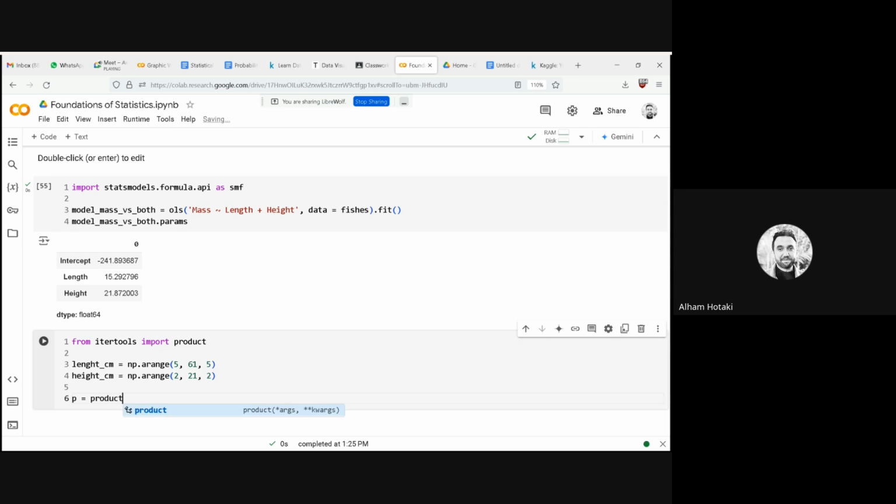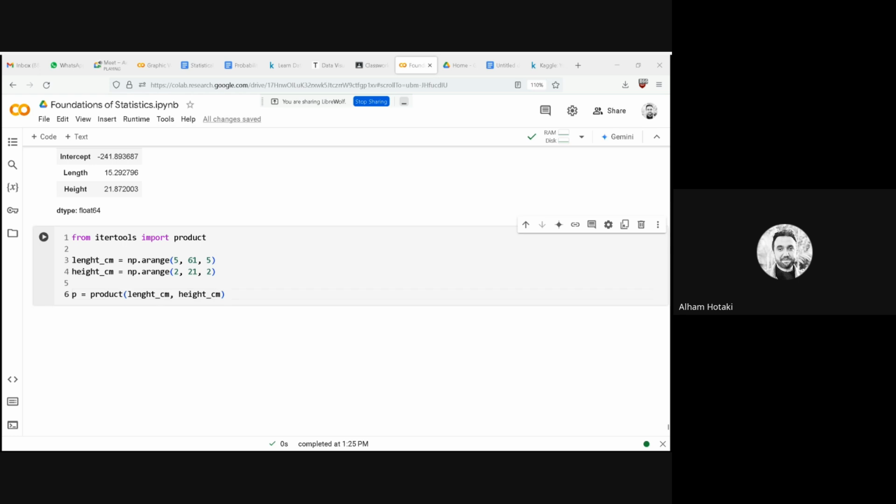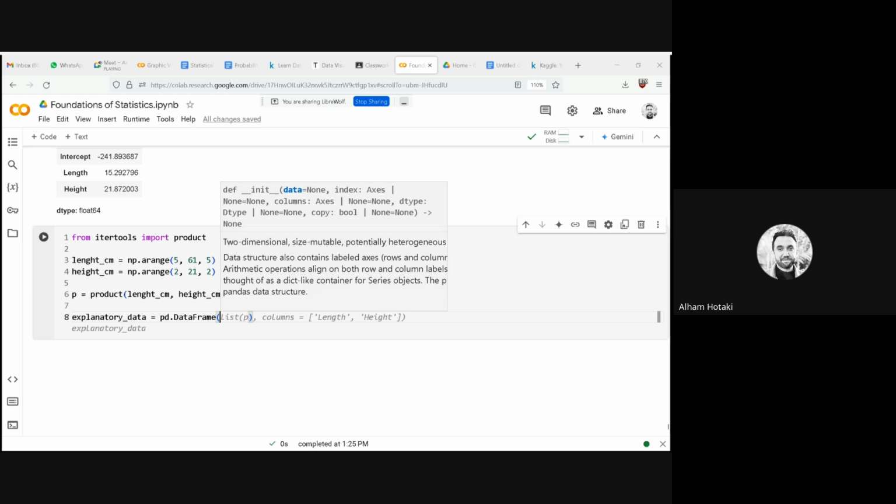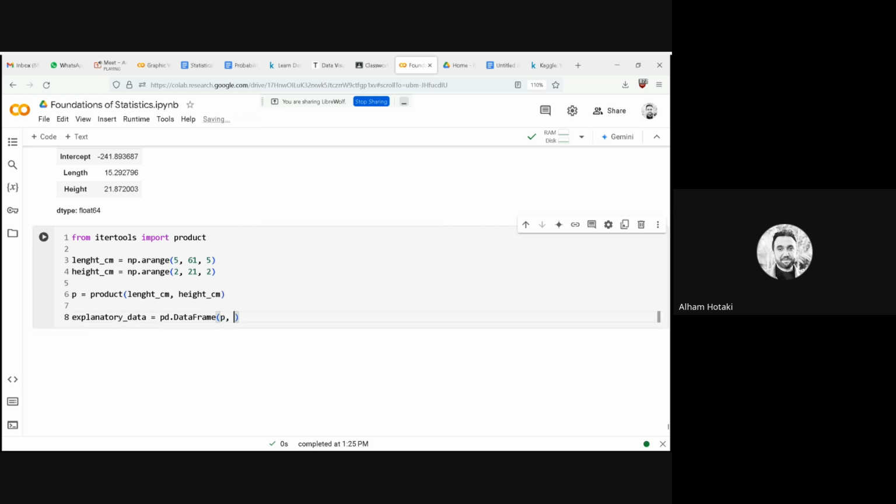Now we need the product. It will be the product of two arrays, the length in centimeters and the height in centimeters. So these will be the products of these two. This is how you can do that. Now the explanatory data will be a pd.DataFrame. Again, we want to put the product in a data frame, and the columns will be the length in centimeters and the height in centimeters.